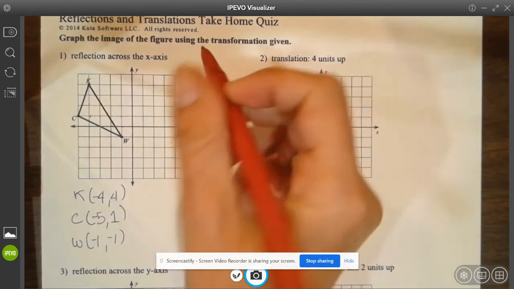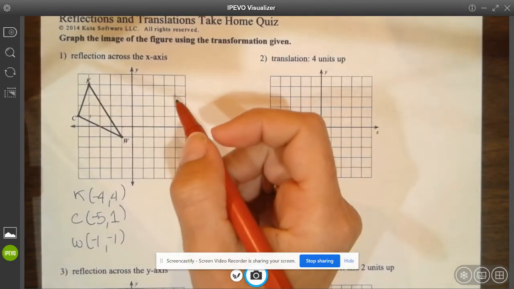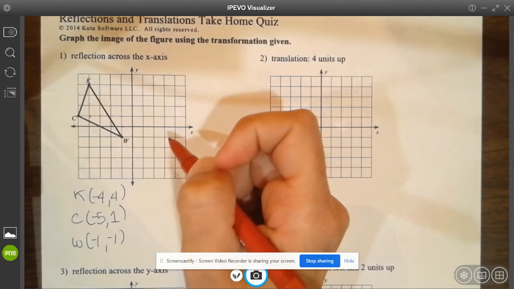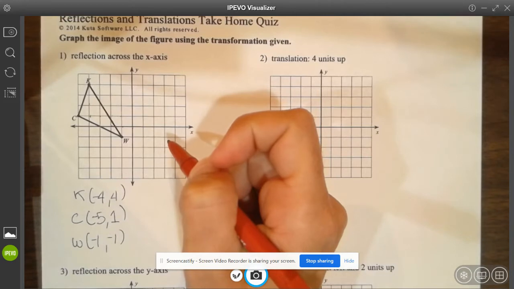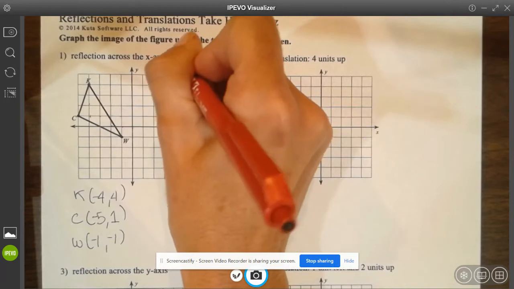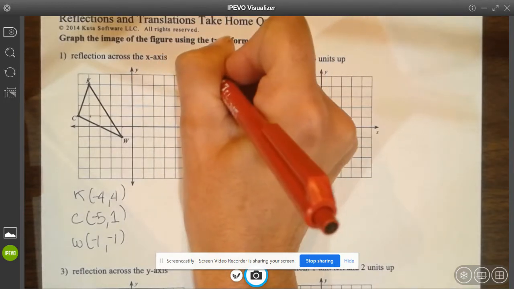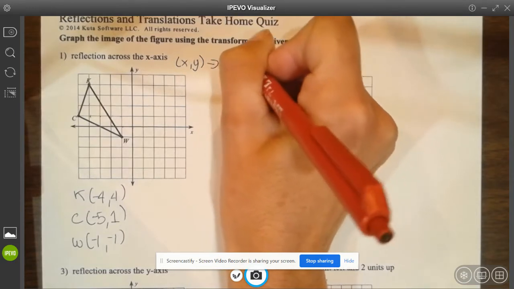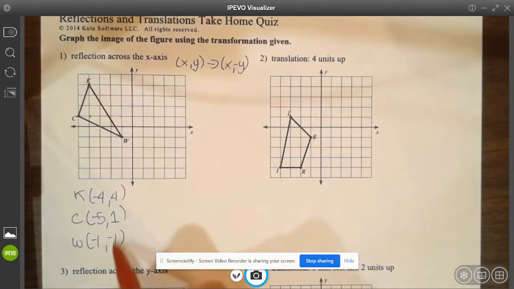Now, I gave you a cheat sheet in your Google Classroom, and it says that the rule for a reflection about the x-axis is that (x, y) goes to (x, negative y), meaning my y value is going to change signs.